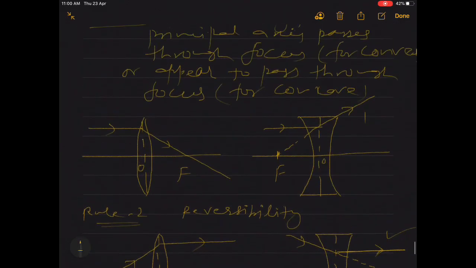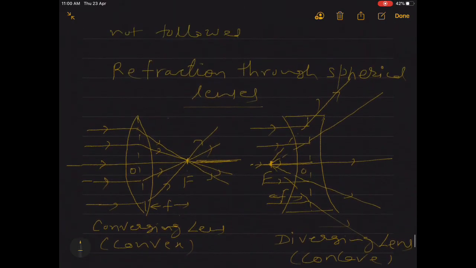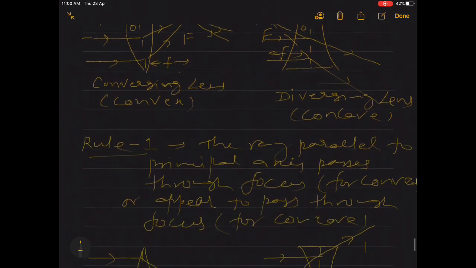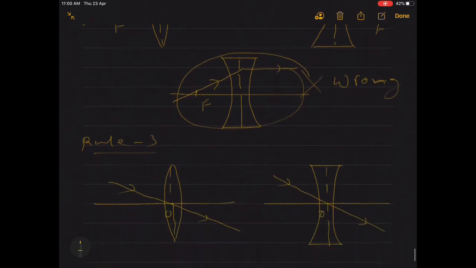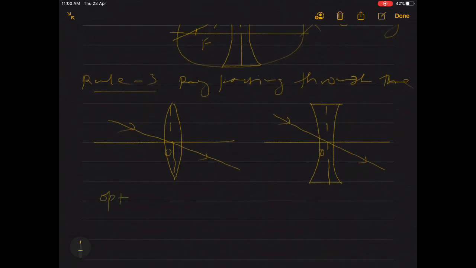So in this small lecture, I explained how the rays are refracted by the lenses and what are the important terms or rays which are to be used when we draw the ray diagram for image formation by lenses.